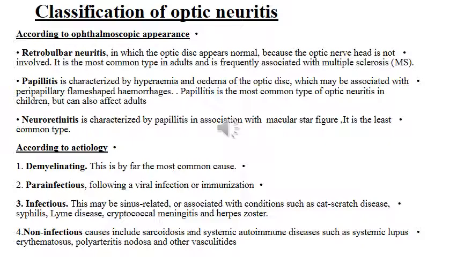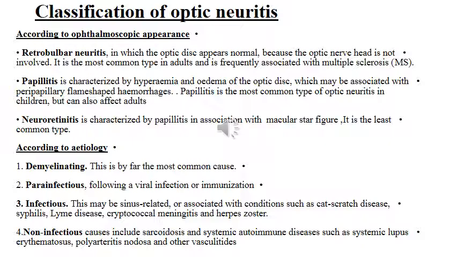Non-infectious causes include sarcoidosis, systemic autoimmune diseases such as systemic lupus erythematosus, polyarteritis nodosa, and different types of vasculitis. Any of these might end up with optic neuritis.